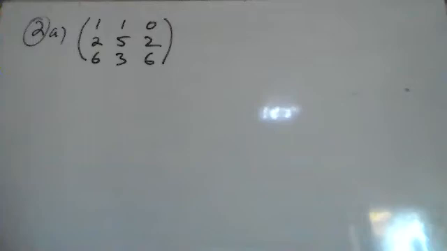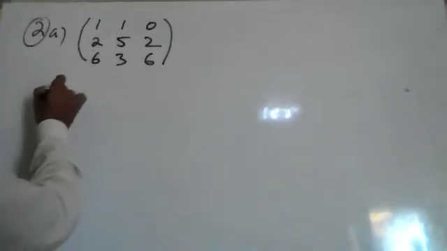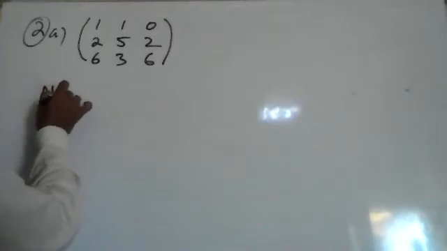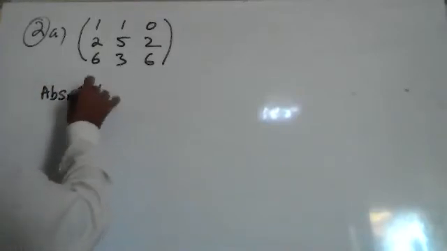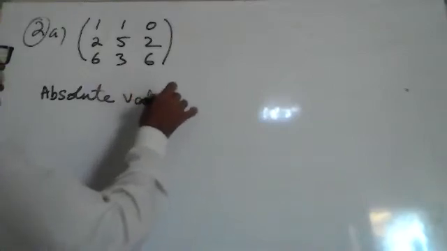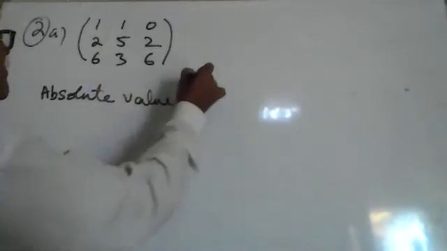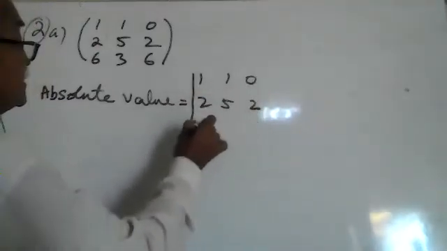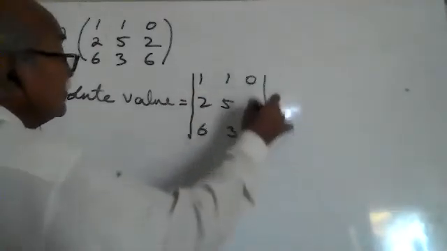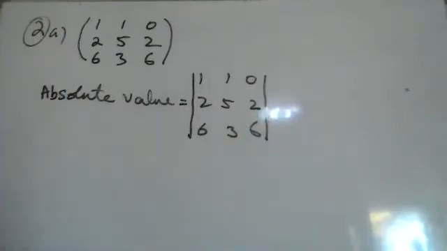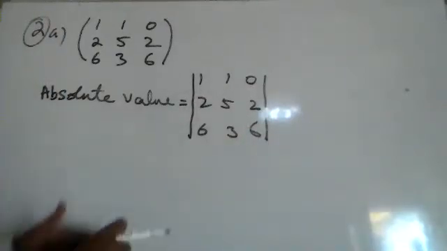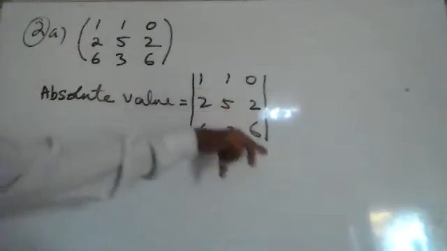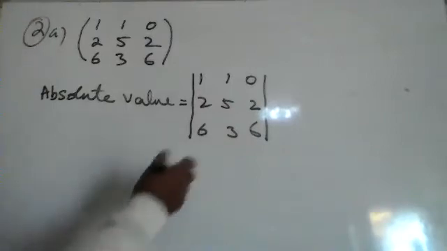So first of all, we'll find the absolute value. What is that? We will convert the matrix into a determinant: 1 1 0, 2 5 2, 6 3 6. Now we will evaluate the determinant.